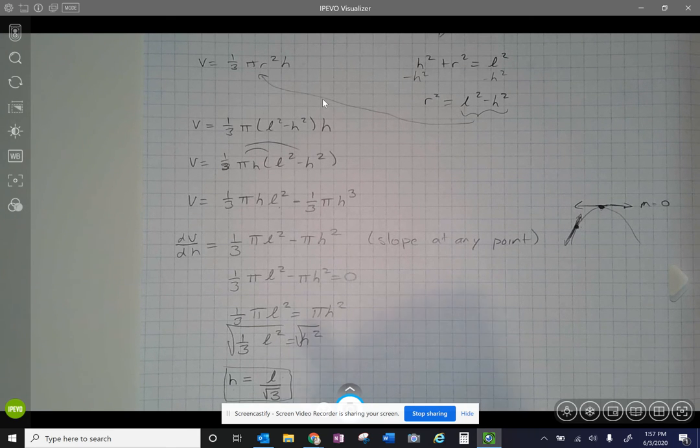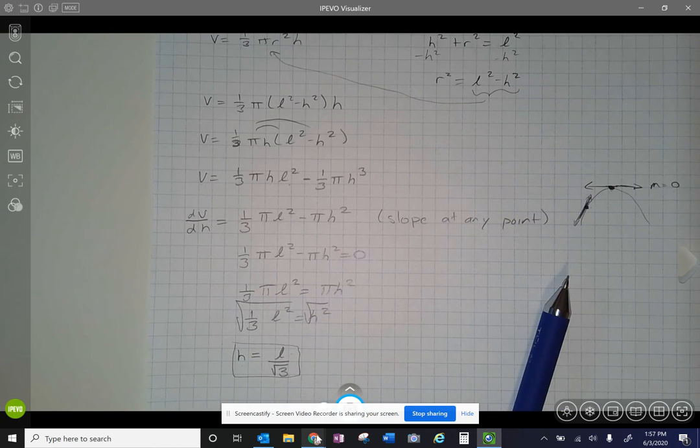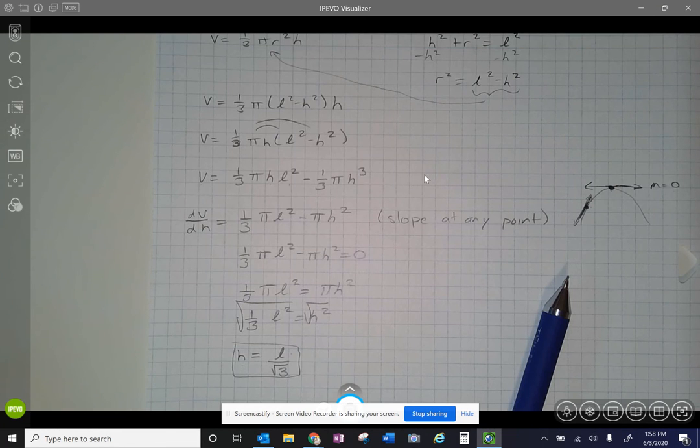No matter what cone, if you want the maximum volume, the height has to be the slant height divided by the square root of 3. If we look back to our example, remember I put in 10 for the slant height. If you divide 10 by the square root of 3, you're going to get 5.774. And this is how you find the maximum volume.